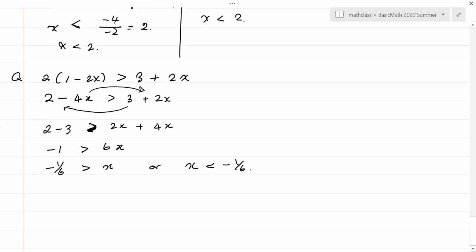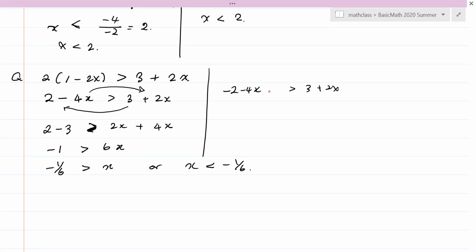Yeah. So be careful. If you move a term to the left or to the right, then it's easy to make mistakes when you forget to change your sign. But if you subtract 3 from both sides, then you will never make mistakes. So this original one will be like that: 2 minus 4x, right, greater than 3 plus 2x. But if you subtract, that's the original, right? If you subtract the 3, then you never forget to change the sign, right? Because it's subtract. Okay, this is mine, I copied it wrong here.